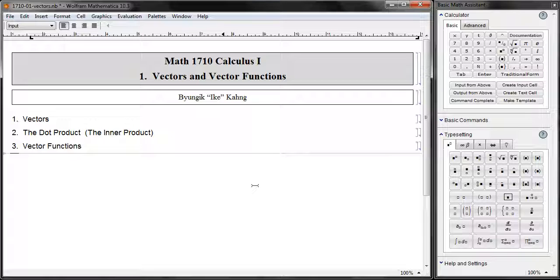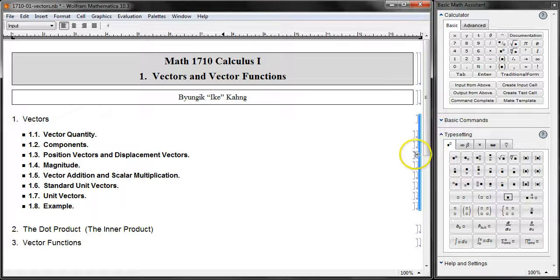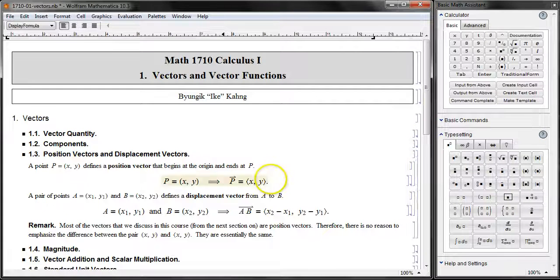Here in Calculus 1, my purpose is to cover it as briefly as possible and emphasize only the kinds of topics that are directly related to Calculus 1, which is basically position vector. We're going to emphasize that aspect and that aspect only in the final section of this notebook.